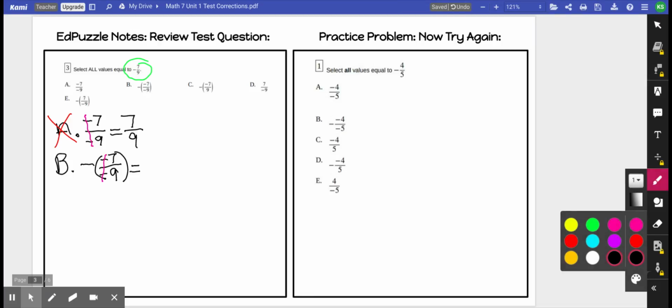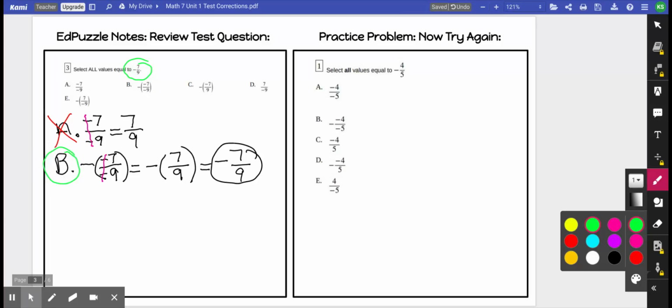Then we still have the negative on the outside of the parentheses, and we have 7/9. This negative out front is talking about the opposite of whatever's in the parentheses, and in this case, it's a positive 7 over 9. So that will equal negative 7 over 9. Hey, wait, that's the answer we're looking for. B is one of our answers.